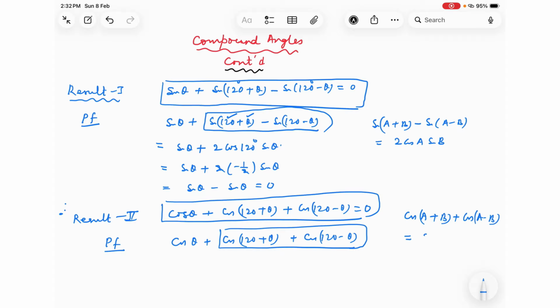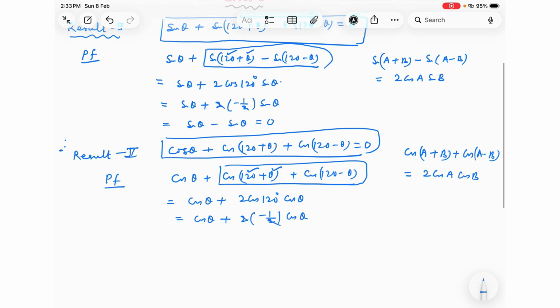Already we have discussed earlier that it is 2 cos A cos B. So accordingly this becomes cos theta plus, here you treat 120 as A, theta as B, 2 cos 120 cos theta. This is cos theta plus cos 120, which is again minus half, into cos theta. 2 and 2 get cancelled. Therefore, it is cos theta minus cos theta. That is why it is 0. This is your result 2.